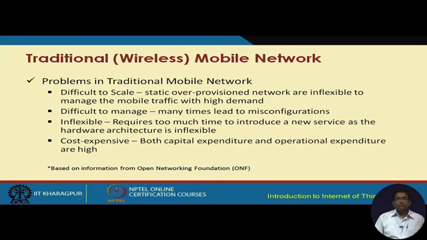Now, let us talk about the traditional mobile wireless networks. There are different problems in these traditional mobile networks, and these networks can be Wi-Fi based networks, mobile cellular networks or other mobile networks. The problems are with respect to scalability. Each of the nodes in the networks, including the base stations, access points, etc., are typically statically over provisioned, and they are inflexible in managing mobile traffic with high demand.